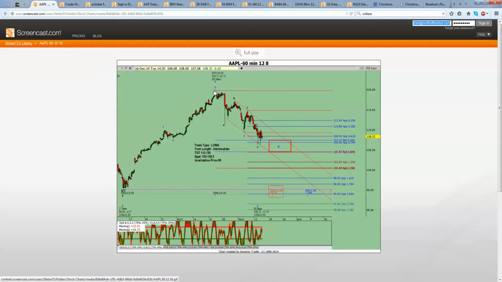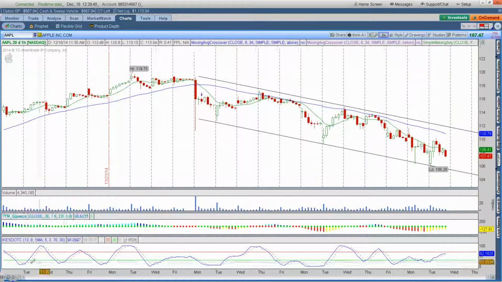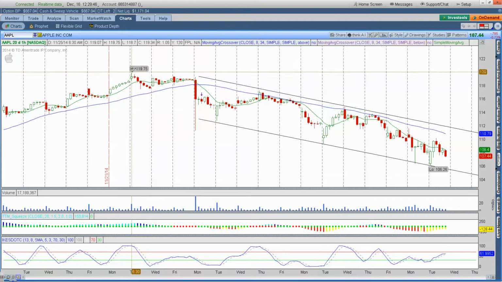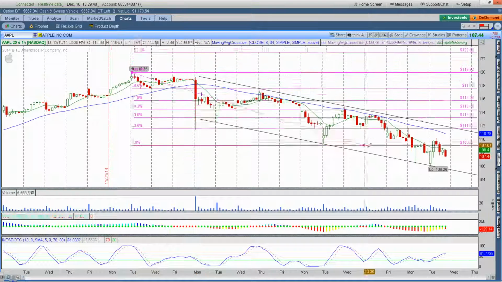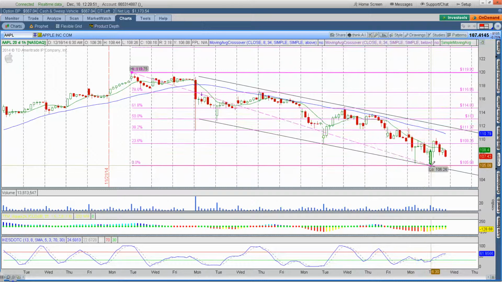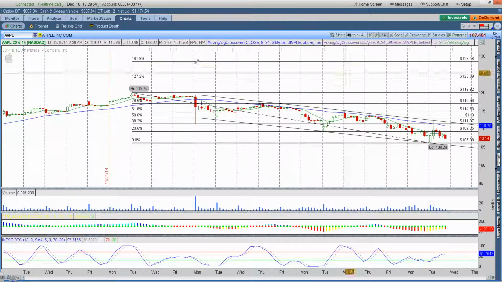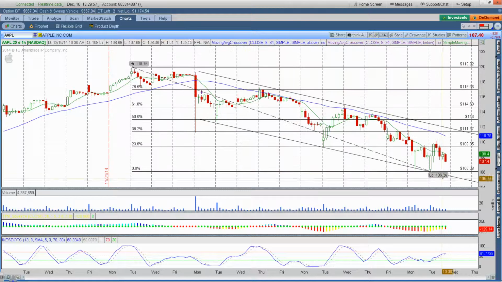It could go up to 112 and have a little ping pong up, down, and then down again. Or if I ran a fib retracement, I'm pretty sure, from these targets, since we do have a bunch of support there, we're going to run this down to our low. And our 1.272 is 123. Our 1.618 is 128.